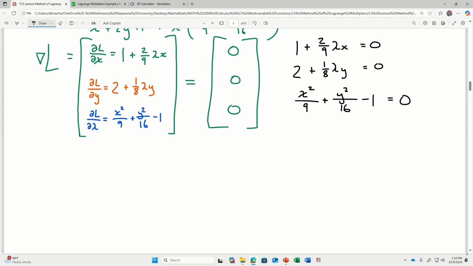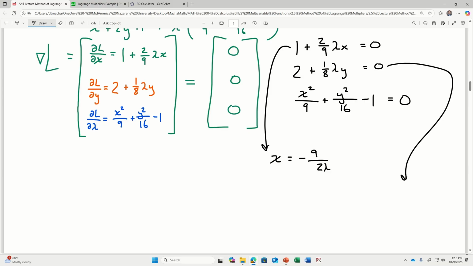One thing I can do is take the first equation and solve for x. So I'll subtract 1 from both sides, multiply both sides by 9 over 2, and then divide both sides by lambda.